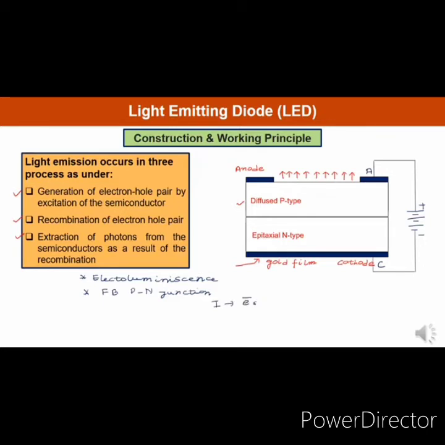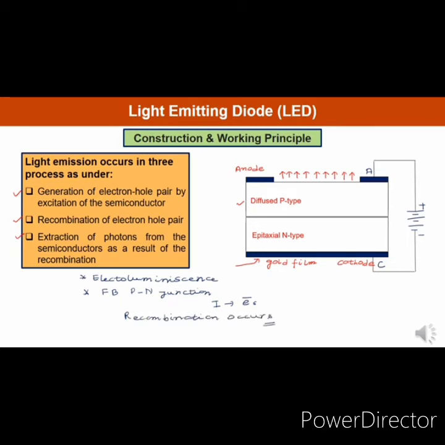And we know that electrons on the N side are in the higher conduction band, whereas holes on the P side are in the lower valence band. So recombination of excess electrons and holes takes place when current is passed through the PN junction. Recombination happens here.